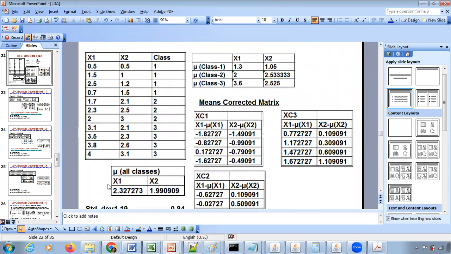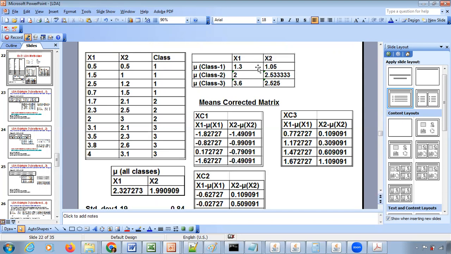So now we need to determine the mu across all the classes for X1 and for X2. Here we have 11 records, 4, 3, and 4. So 4 plus 3 plus 4, 11 records. Of the 11 records, add all the X1 values and divide by 11, that's the mean average of all the 11 records. Similarly, average of X2 among all the 11 records is going to be 1.9909.